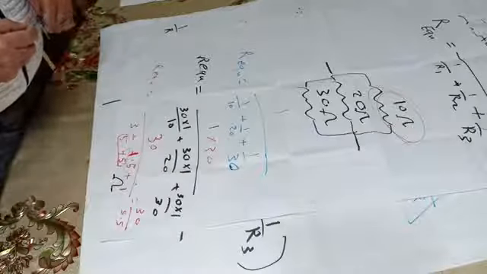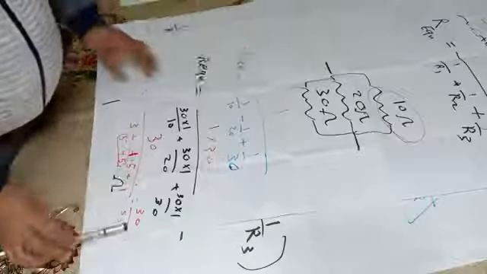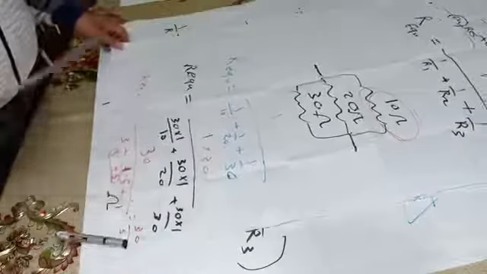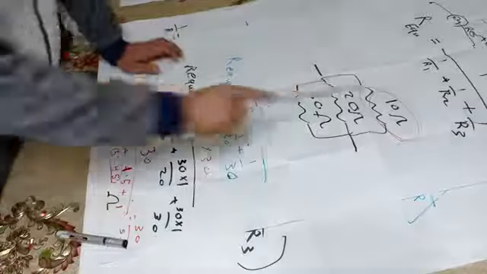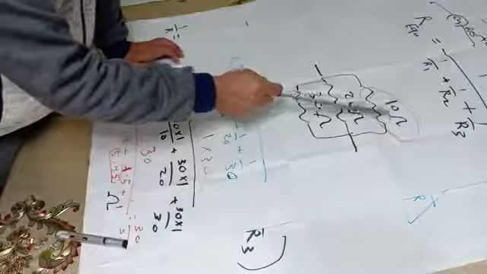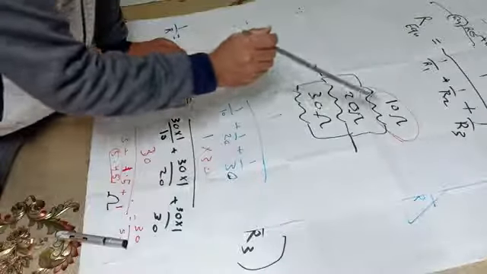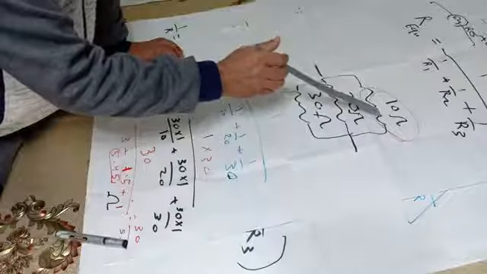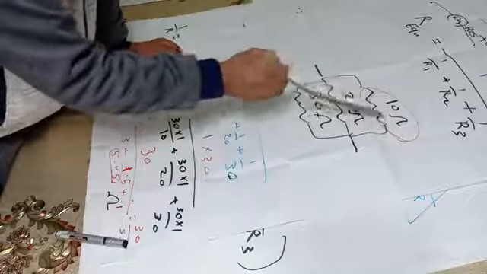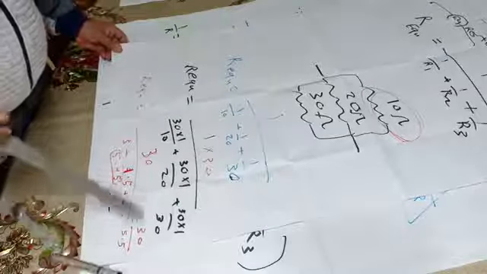Now we conclude that the resultant resistance, or the equivalent resistance, is smaller than the smallest one. The smallest resistor here is 10: 30, 20, 10. R1, 10. The smallest one is 10. The resultant is smaller than 10.